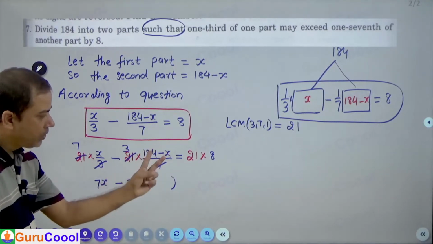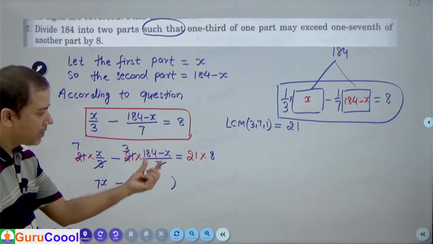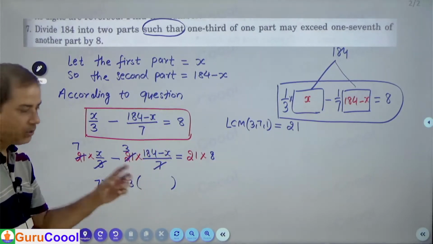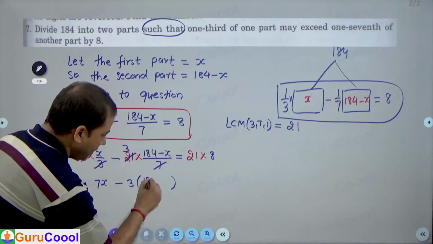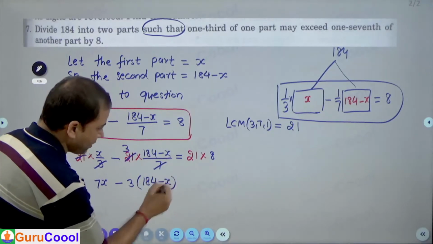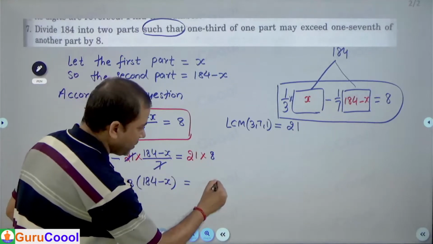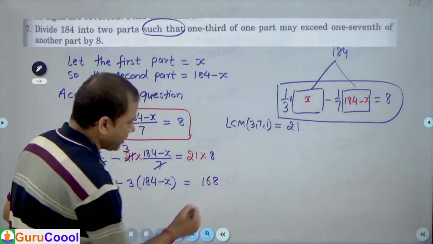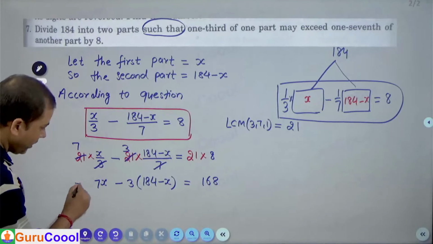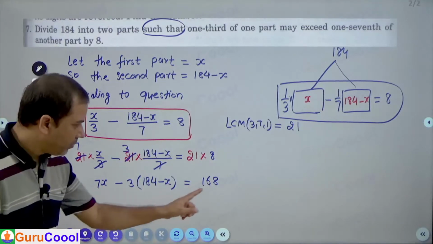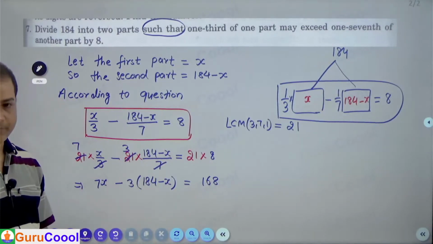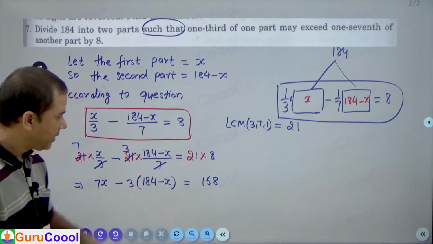But if it has 2 terms or more than 2 terms, then a bracket is necessary, don't forget. 184 minus x. On the other side, 21 into 8 is how much? 168. And see, all the denominators are gone.